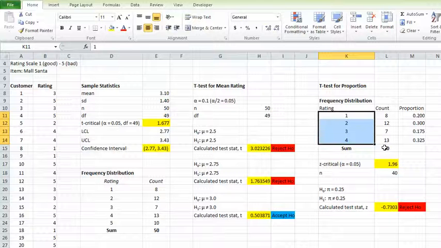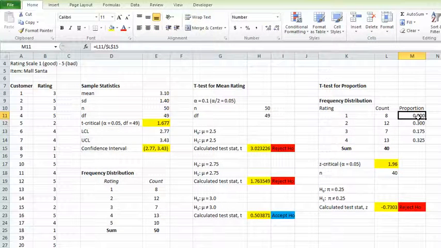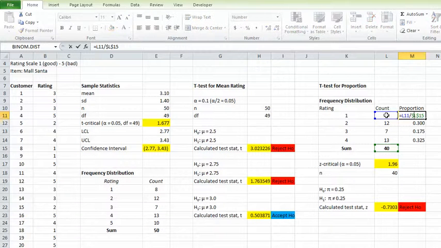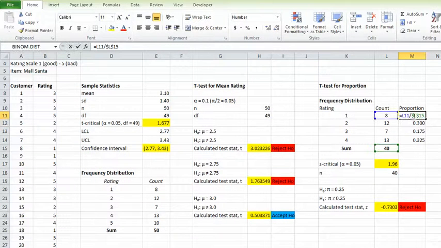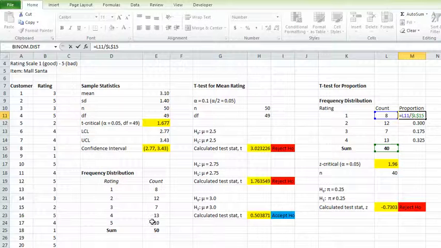Likewise, you will find that you can't use 150 as your denominator when you calculate these proportions. By the way, what did I do here? I simply took 8 divided by 40, and this one is 12 divided by 40. But I would have made a mistake if I would have said 8 divided by 50. So catch that one in doing your work.